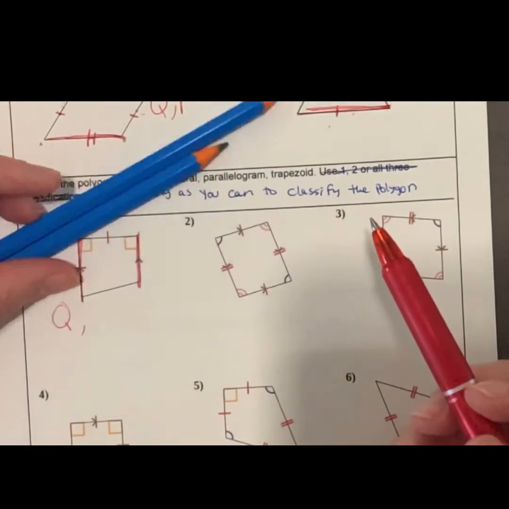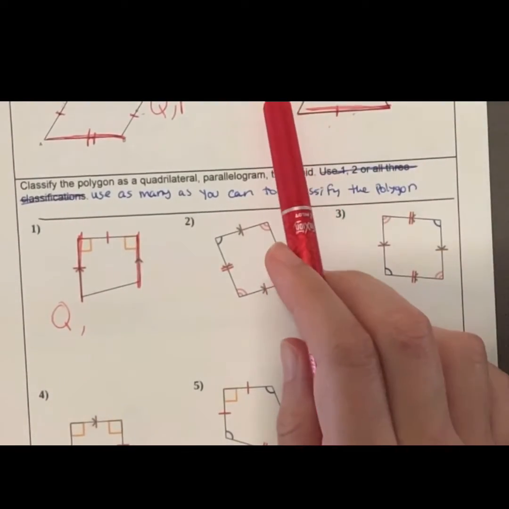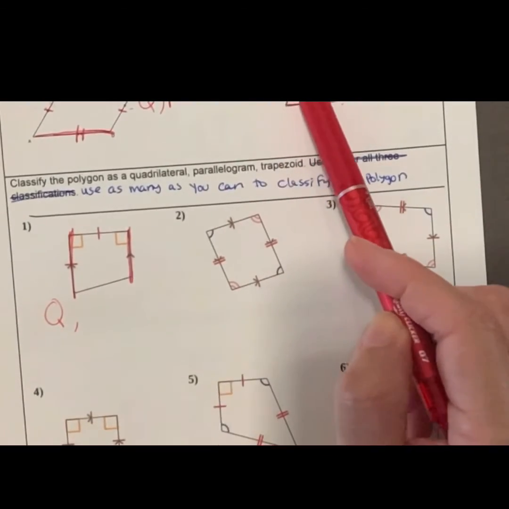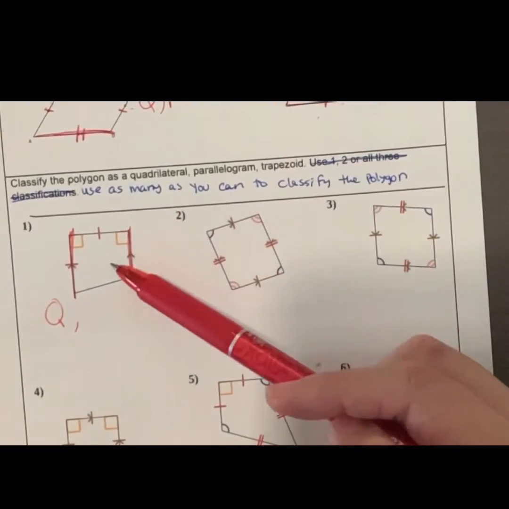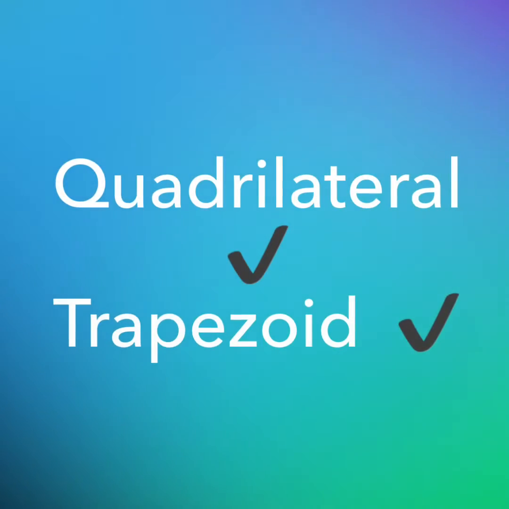They're going to meet. So this cannot be a parallelogram. Can it be a trapezoid? Well, let's see. Is it a quadrilateral? Yes. Does it have 1 pair of parallel sides? Yep, 1 pair. So this is considered a trapezoid. So in your Google Classroom, you're going to click quadrilateral and trapezoid because this shape is both.